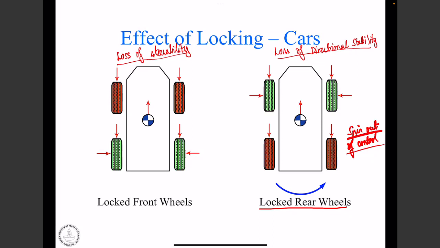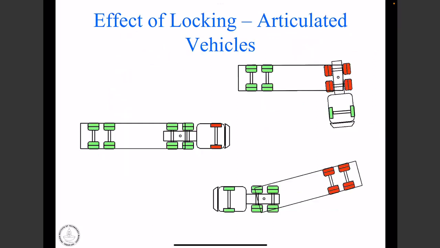So what we do is ensure that rear wheel locking doesn't happen, so that the directional stability of the vehicle is not lost. And if we consider an articulated vehicle, this is what is called a tractor, and this is the semi-trailer or the trailer.